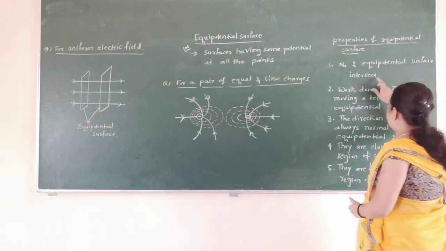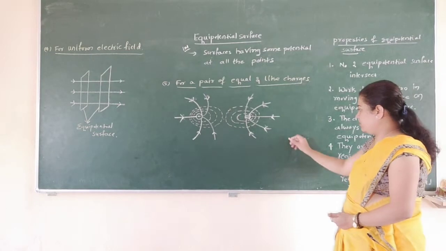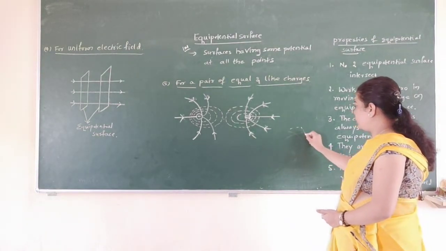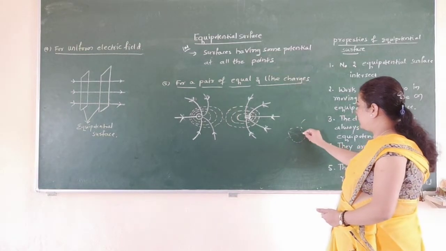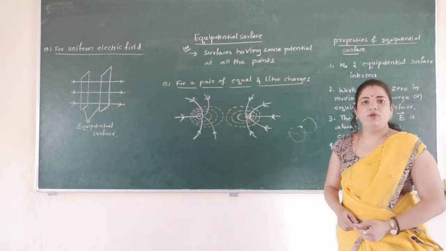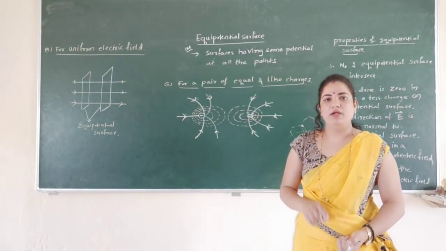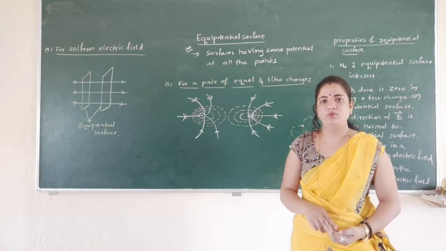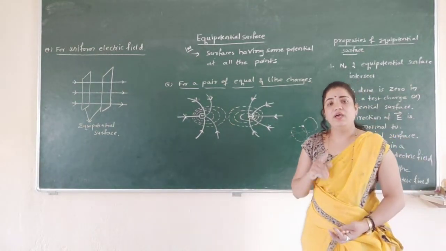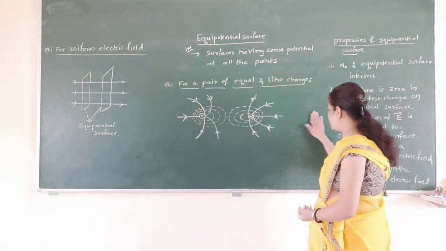No two equipotential surfaces intersect, because if they intersect like this, so this is one equipotential surface and this is another equipotential surface. If they intersect, there will be two values of electric potential, but it is impossible. At the point of intersection there should be two values of potential, but what is equipotential? Having same potential, so therefore they do not intersect each other.